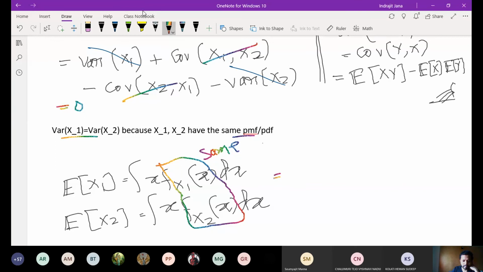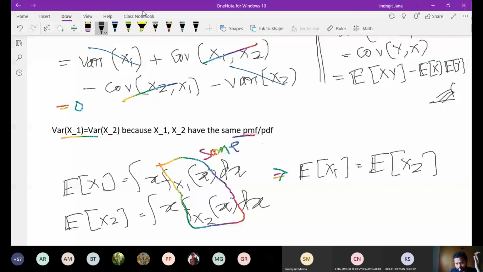You have x times the same function dx and x times the exact same function dx. This should imply that expectation of x1 is equal to expectation of x2, so they will have the same mean. Similarly, expectation of x1 square is equal to expectation of x2 square, and that would imply that the variances are the same. Okay.